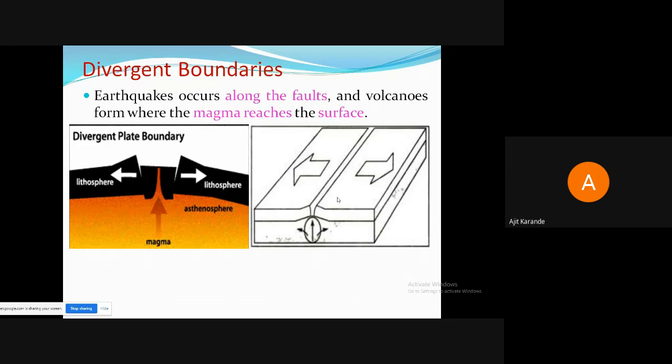In this figure you can see the top view, or plan. In this case also you can see two different plates. They are moving away from each other, and a fault zone is created.